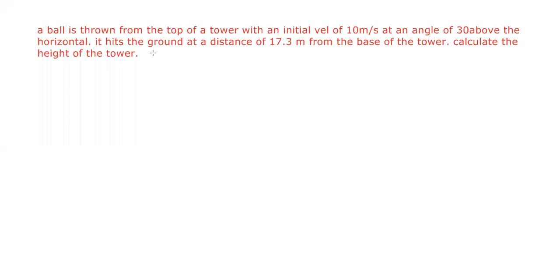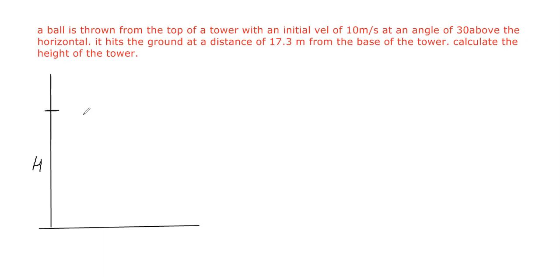See how this question is based on the concept which we taught earlier. This is the y-axis and this is the x-axis. A ball is thrown from the top of a tower with an initial velocity of 10. They are asking about the height.